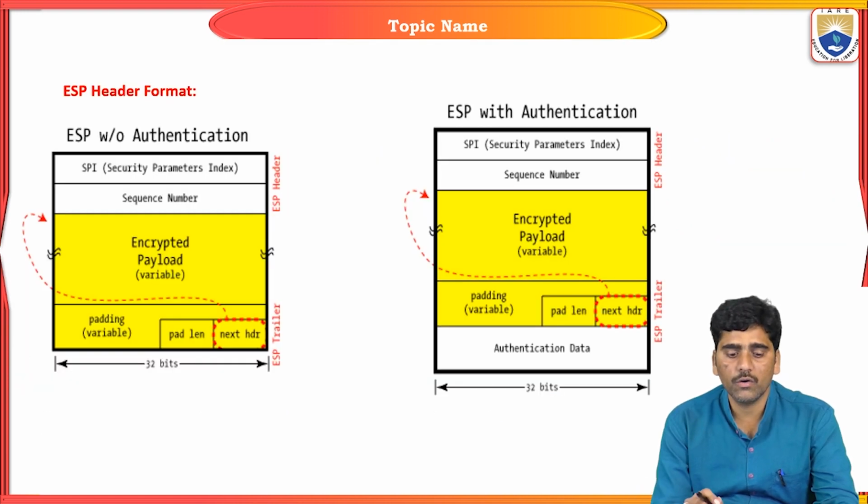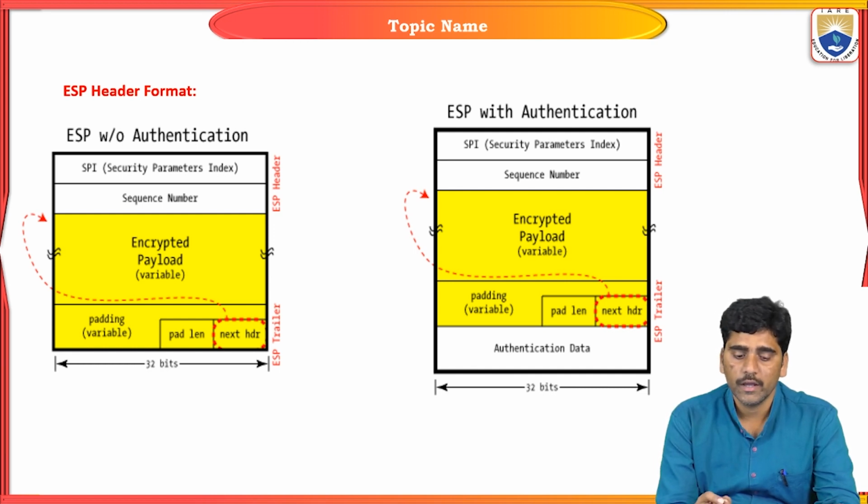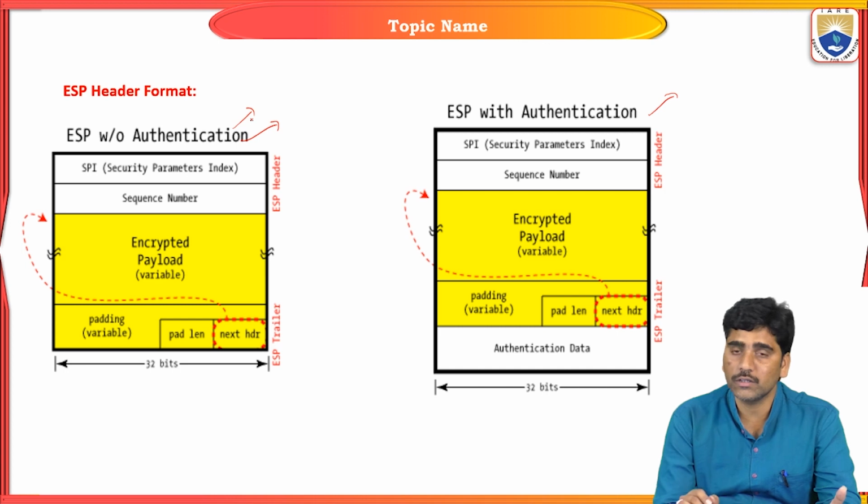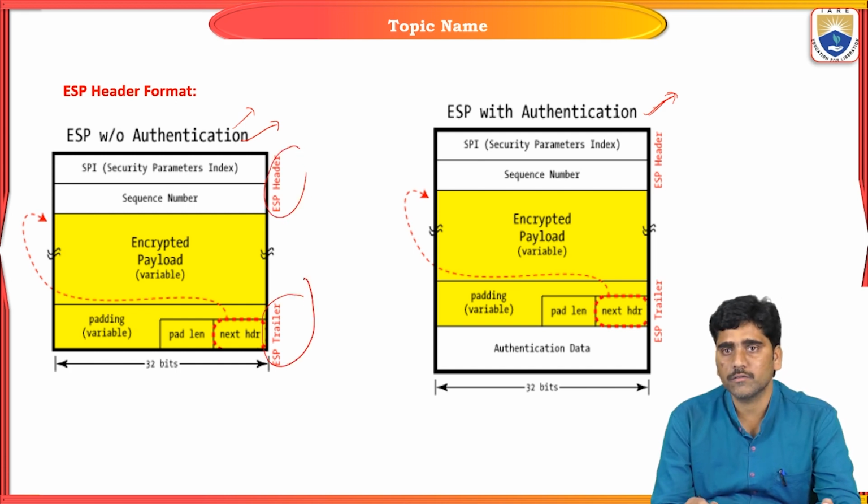And look here at the ESP header format. This is for without authentication, and here is ESP, encapsulating security payload, with authentication. So what it contains is actually the ESP header as well as the ESP trailer.